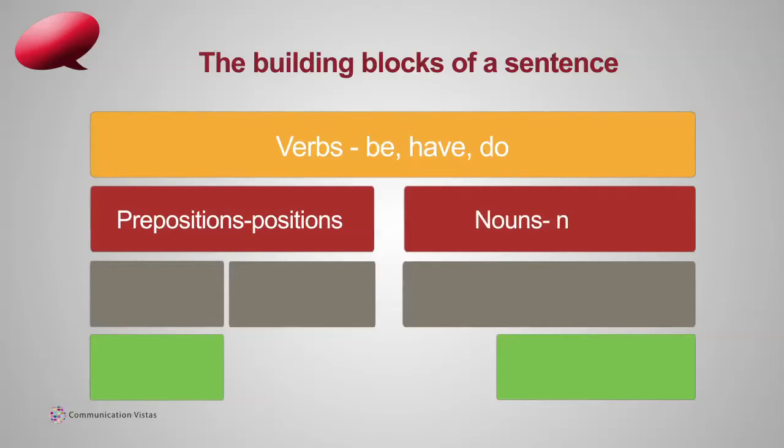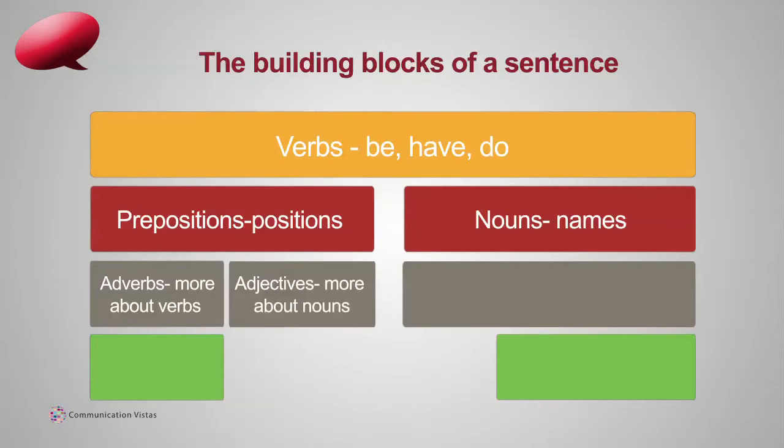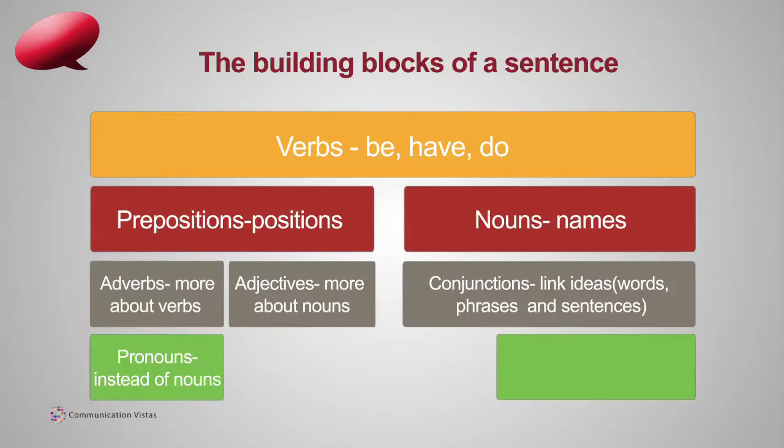Nouns are naming words. Adverbs tell us more about verbs. Adjectives tell us more about nouns. Conjunctions link ideas, which could be words, phrases, or sentences. Pronouns are used instead of nouns.